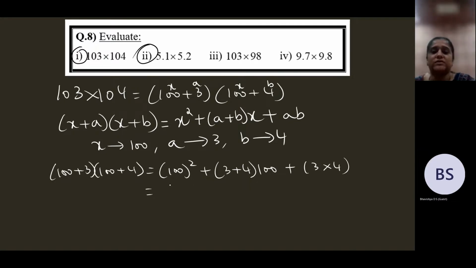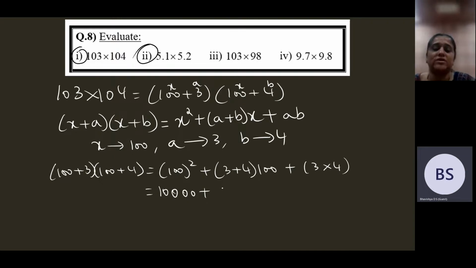So what is 100 squared? 10,000, ma'am. This one, what's the value here? What is 3 plus 4? 7, ma'am. Into 100, 700, ma'am. Plus 12, ma'am.